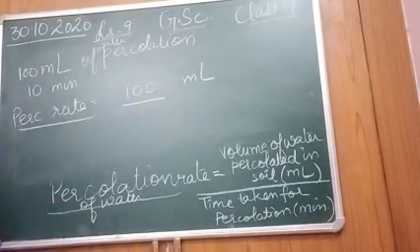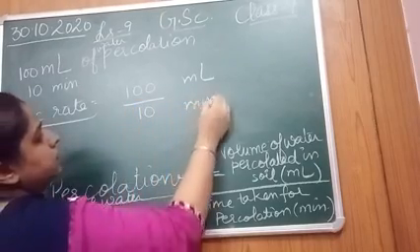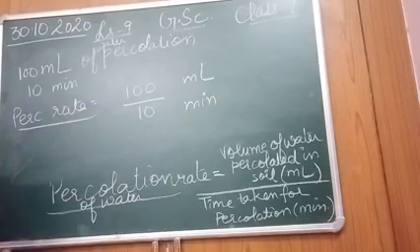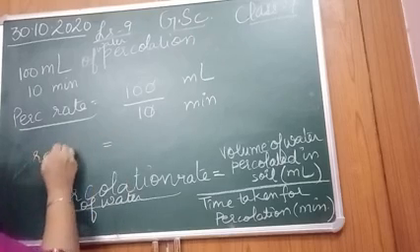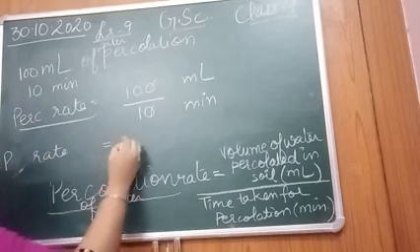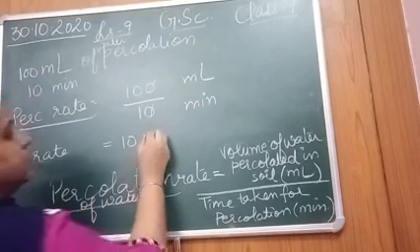Divide by time taken for percolation. How much time is taken? 10 minutes. Right? So if I solve it, the percolation rate will come out to be 10 milliliter per minute.